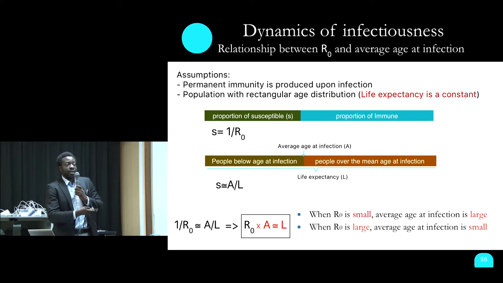But I think understanding this is enough for you to understand the relationship between R0 and the average age at infection. So because the proportion of susceptible can be estimated by 1 over R0, and it can also be estimated by the average age at infection over life expectancy, we can come to this relationship between R0, average age at infection, and life expectancy.